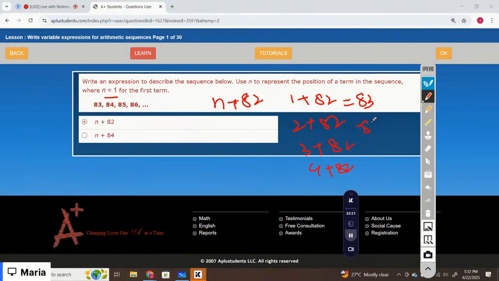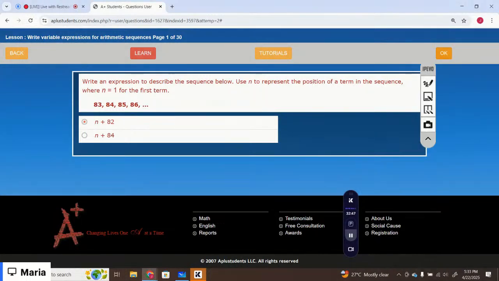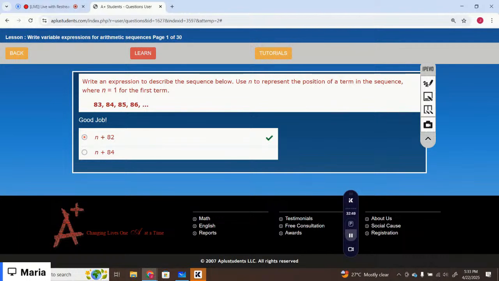So that is 83, 84, 85, and 86. So option number 1 is the correct option. That is n plus 82. Option number 1 is the correct option, n plus 82 it is.